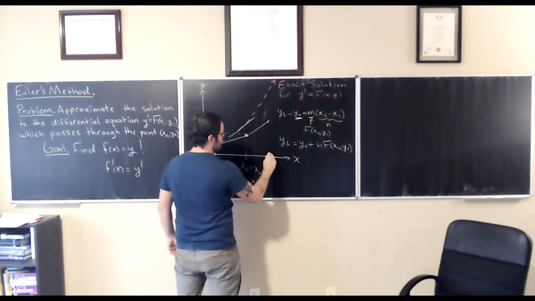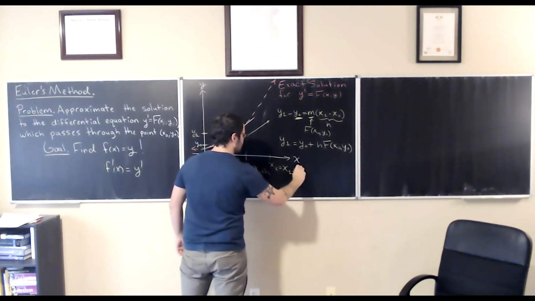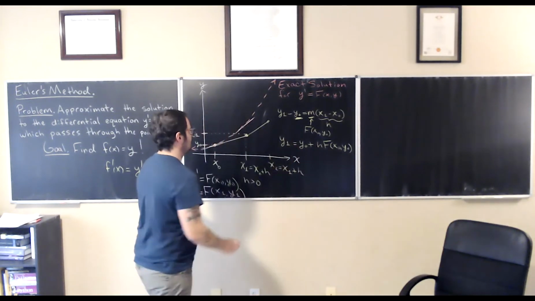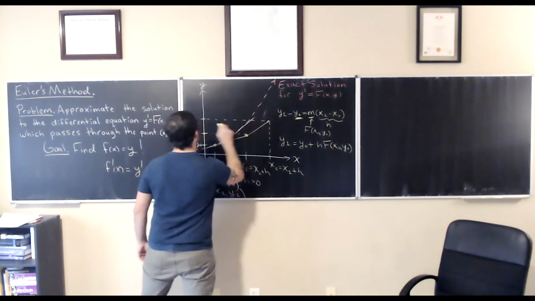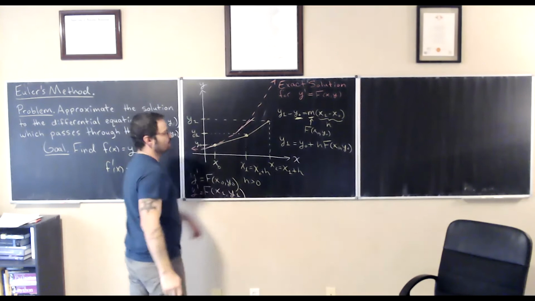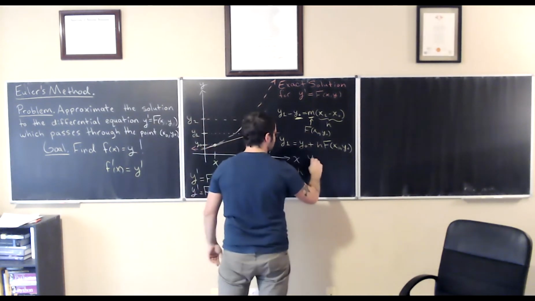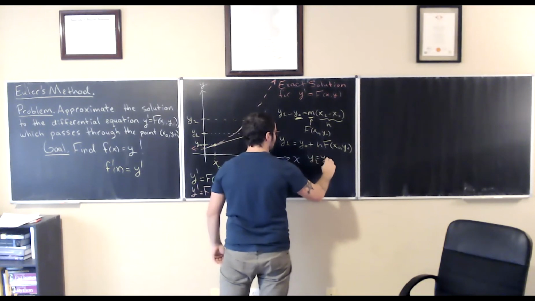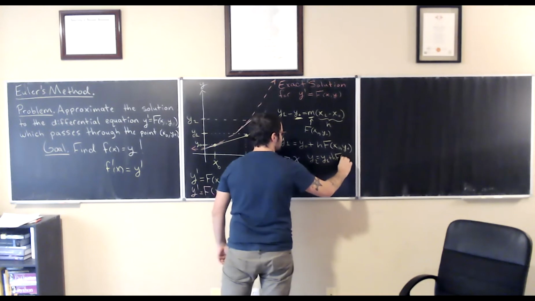And then here, this is going to be x2 equal to x1 plus h. And then this will be y2. And y2, as you can probably guess, we form in a similar manner. We say y2 is equal to y1 plus h times f at x1, y1.